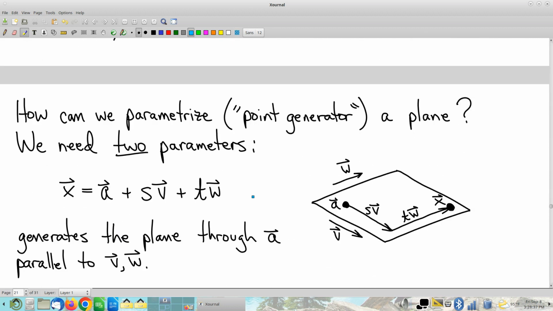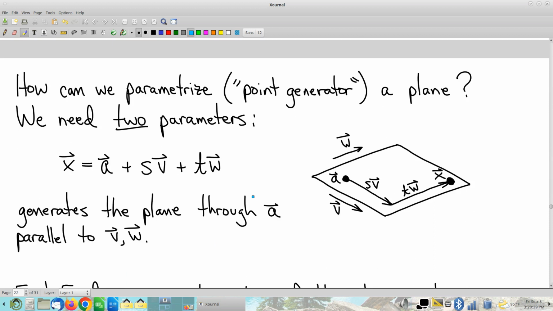Let's talk about how to parameterize a plane. First of all, what does that even mean? Remember, we talked about parameterizations before, and in particular, they're a point generator. Parameters go in, points on your object that you're parameterizing come out. So what would it mean to parameterize a plane?